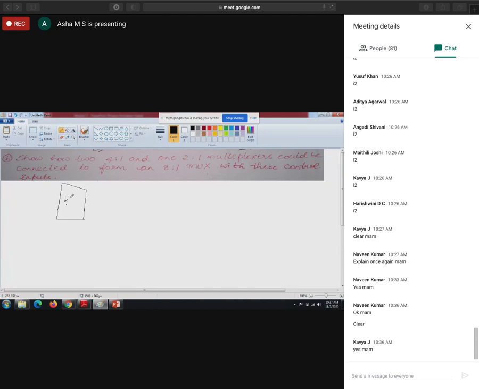So this is a 4 to 1 mux, and we need to take 2. How many inputs will be there? Each takes 4 inputs.